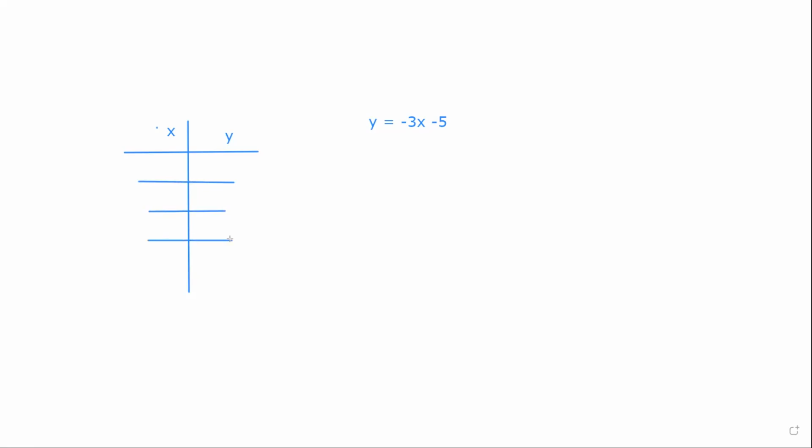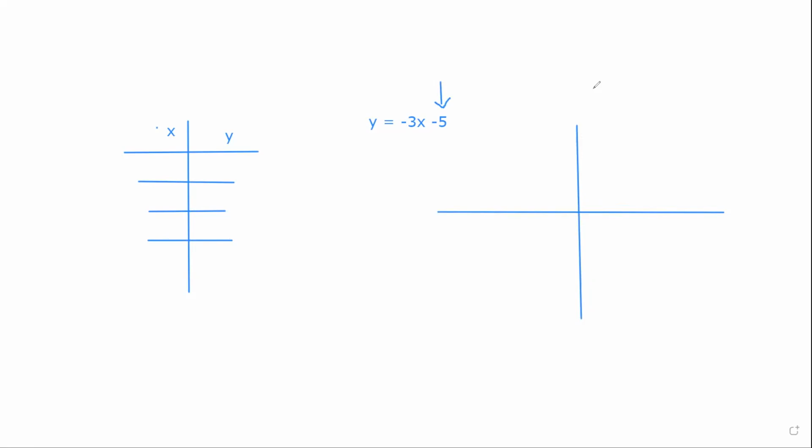But if I need some points to work with, if I want to draw a line from the points rather than from the equation itself, because if I'm going to graph it from the equation, I already know what to start with.